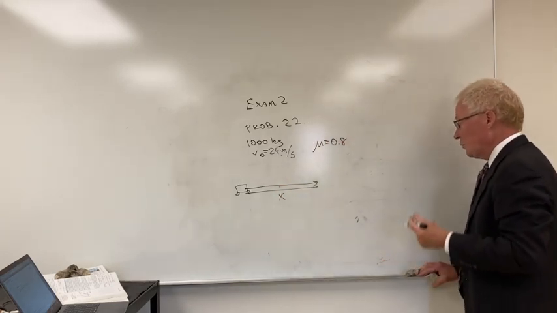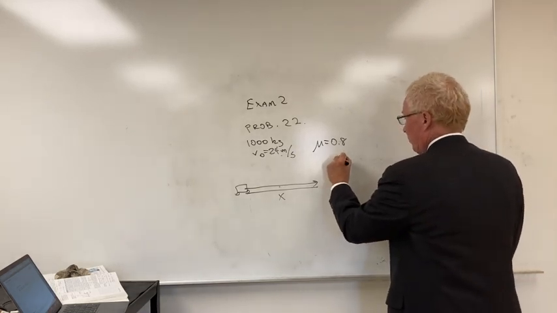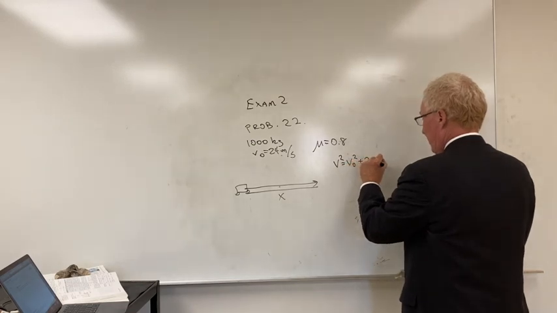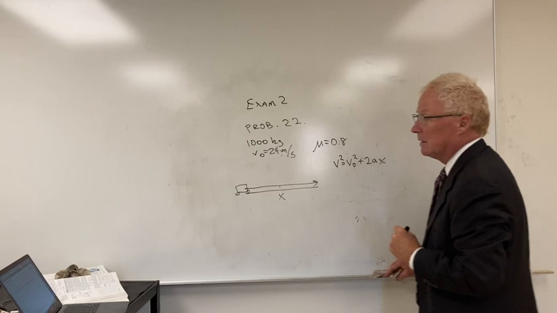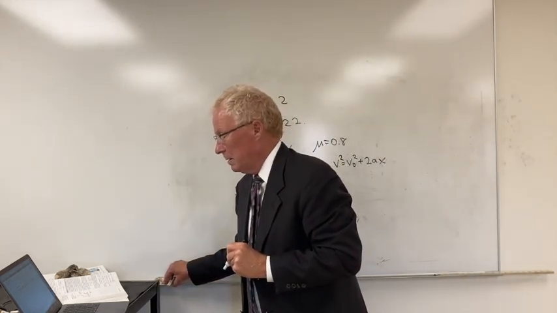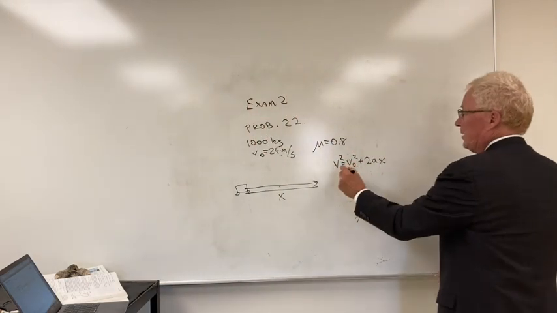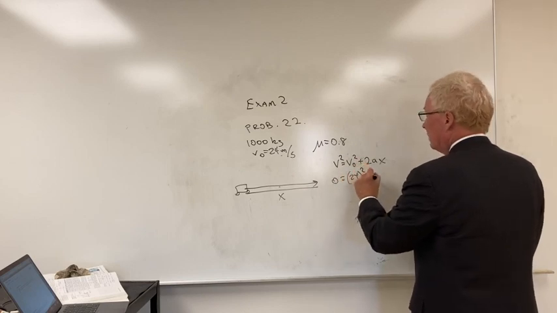All right, this goes back to our expressions from chapter 2. So V squared is V naught squared plus 2AX. So V will be 0 because it stopped. This is 24 squared.